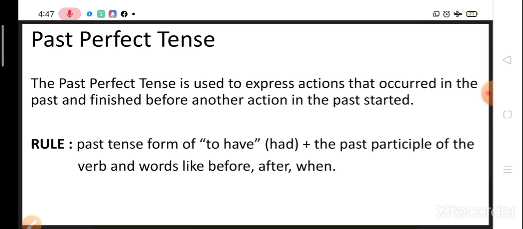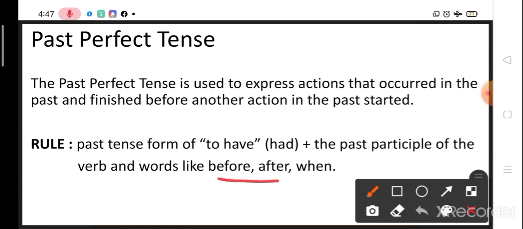These words will be already there in the sentence. You don't have to use these words, only you have to use the past form of have, that is had, plus the past participle, like had worked.